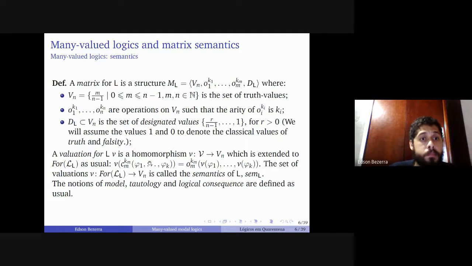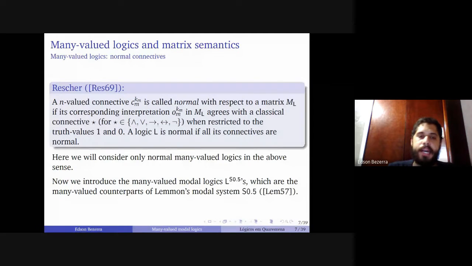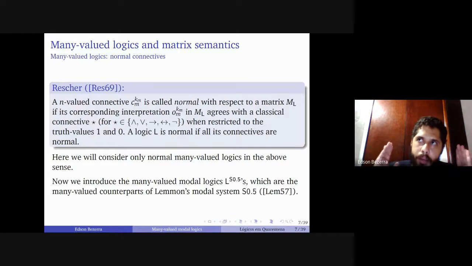So here I put a restriction in the analysis because we are working with many valued logics which are fragments of classical propositional logic. So we put this constraint, the constraint of normality.